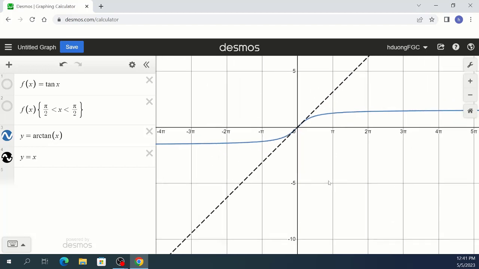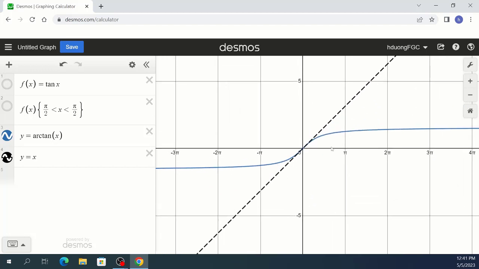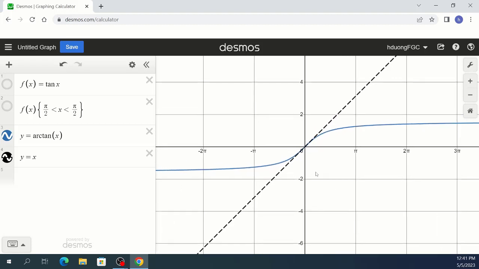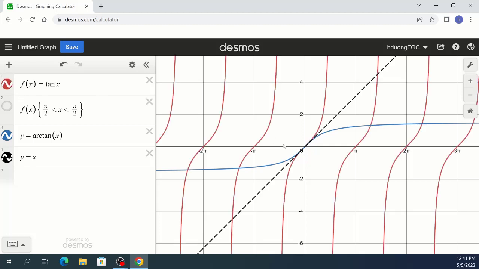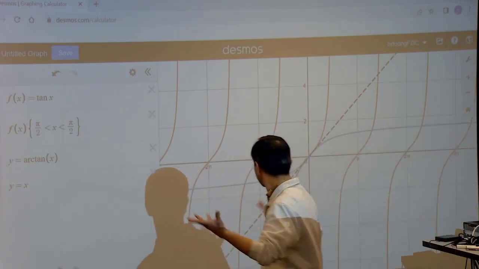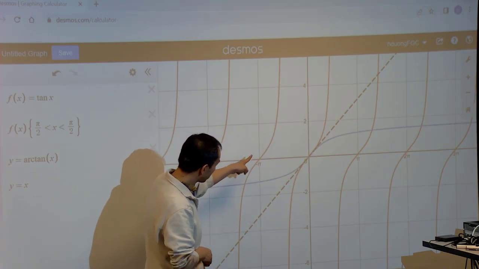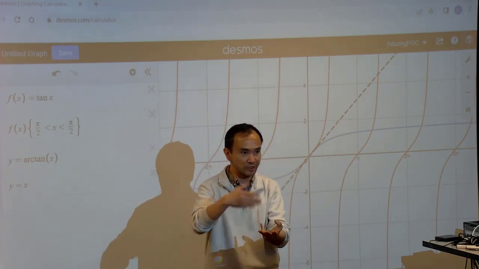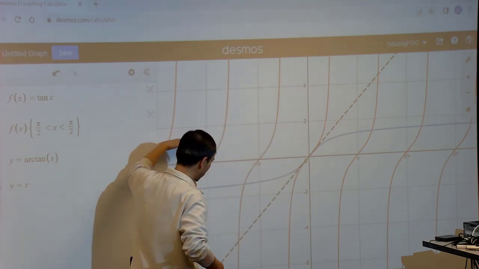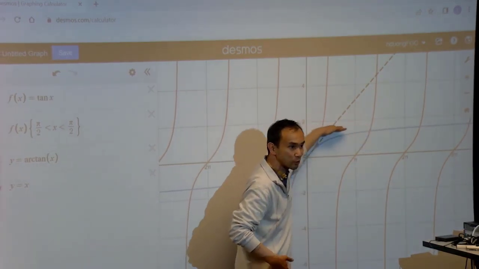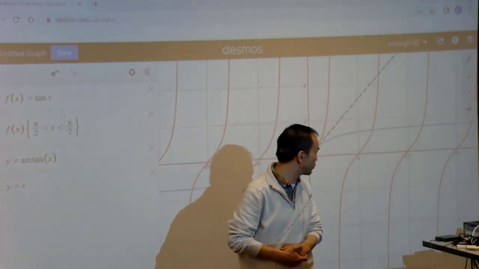But now, think about it. This blue curve would be the mirror image of some other graph through this 45-degree line. And let me now show the tangent graph here. See, the tangent graph looks like that. It's all over. And so the problem now is that tangent, sine, and cosine are all periodic, and that's why they for sure fail the horizontal line test to be a one-to-one function.